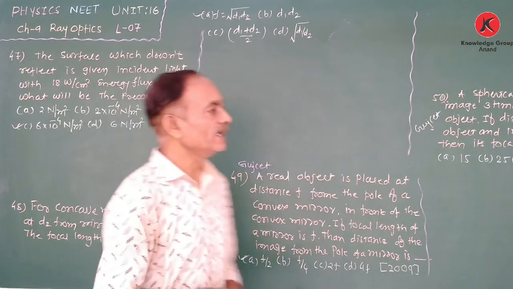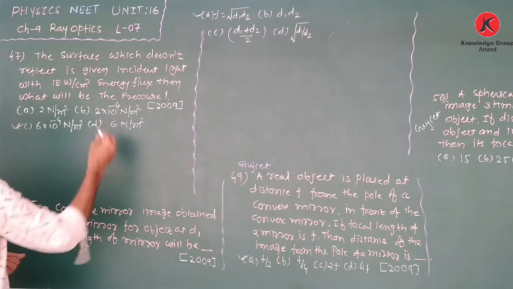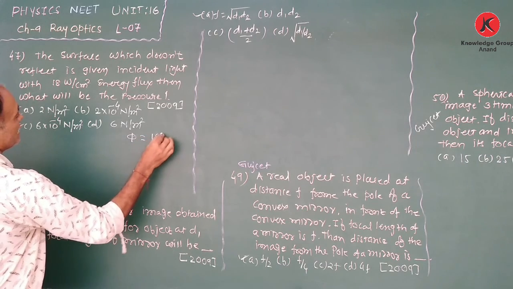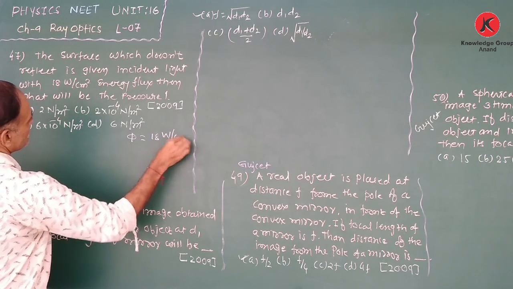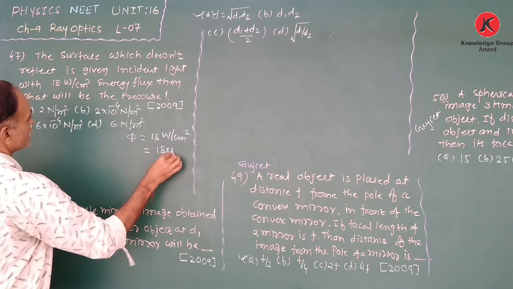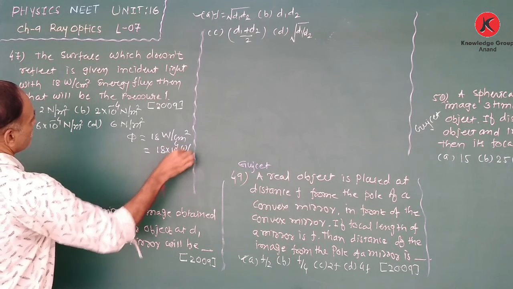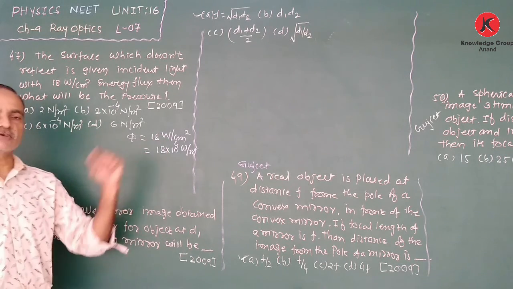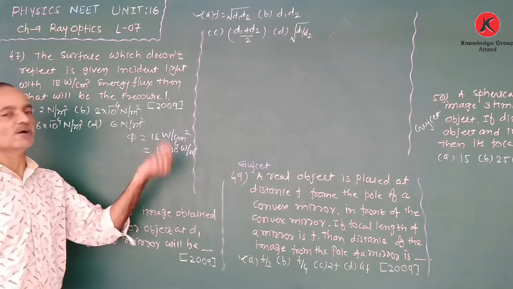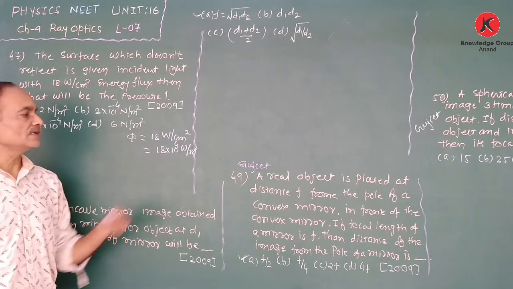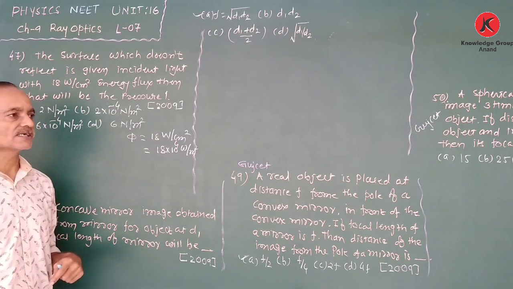Now listen, here the energy flux is given in CGS, that means 18 watt per centimeter square. Convert into MKS: 18 into 10⁴ watt per meter square, because 1 centimeter is equal to 10⁻² meter, and the square of this is 10⁻⁴, which taken to the numerator becomes 10⁴.